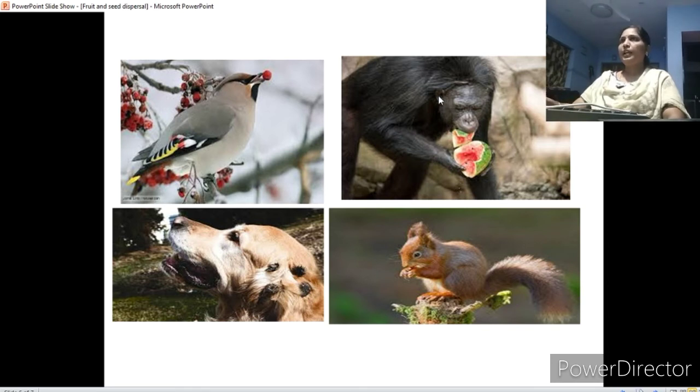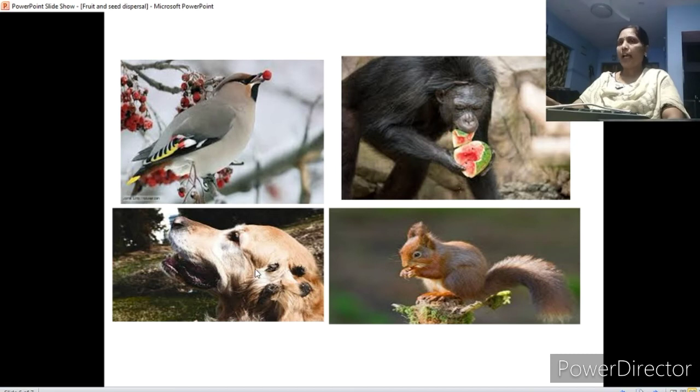In the same way, some wild animals, whatever food item they are eating, while carrying or while eating, the seeds may drop down. So that dispersion is taking place.